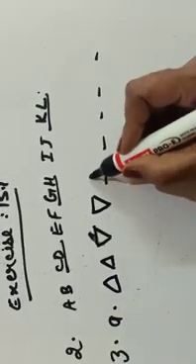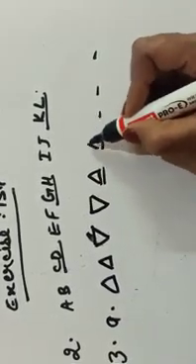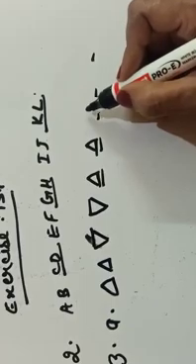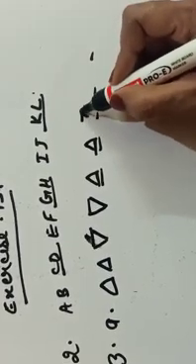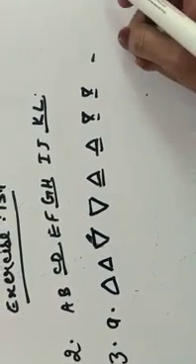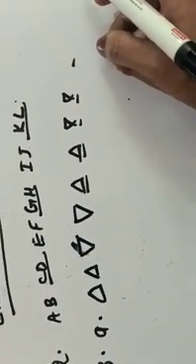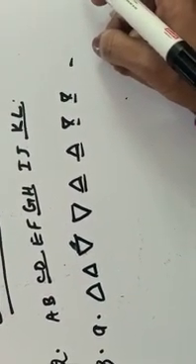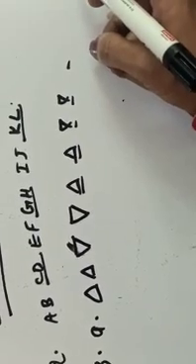How can you do it? You see, first you draw 2 triangles, after that 2 opposite triangles, and then you get the pattern. So you can do question number 3. Question number 4 is the same.